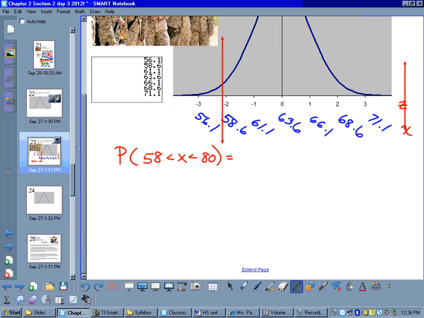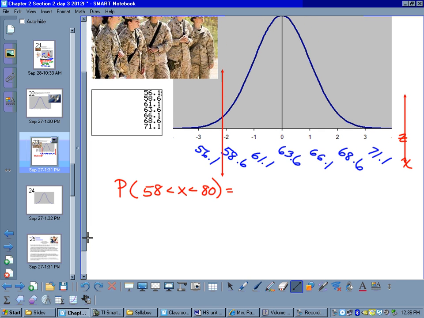Okay, and the next step is to find both of the z-scores. That's what's different about tonight's homework versus last night's. So first we'll find the z-score for a woman height of 58. And I know that that should be -2 point something according to where it falls on the graph.